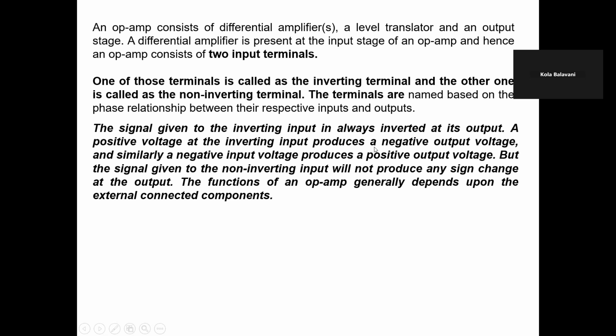A positive voltage at the inverting input produces a negative output voltage, and similarly, a negative voltage produces a positive output voltage. But the signal given to the non-inverting input will not produce any sign change at the output.